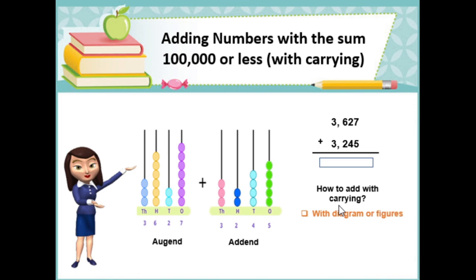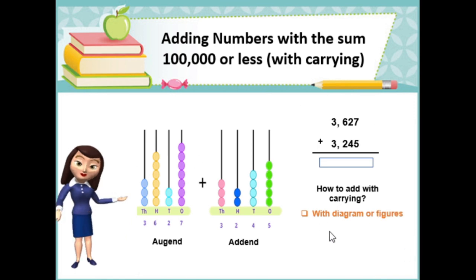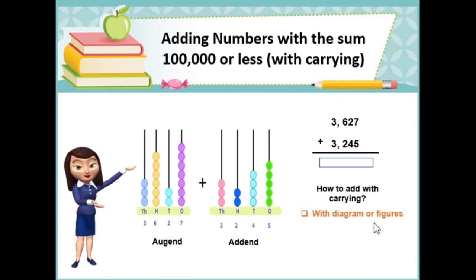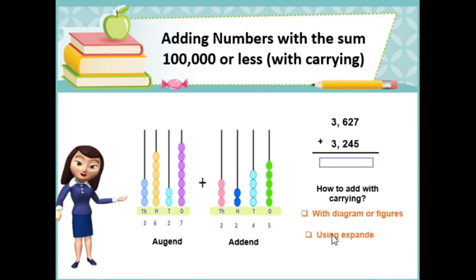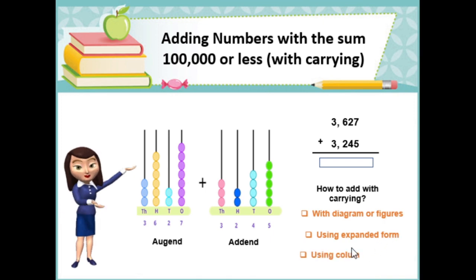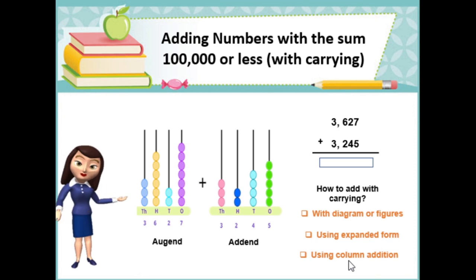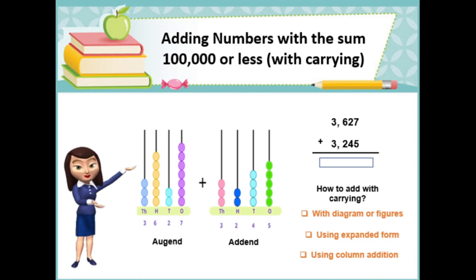We have 3 ways. First, you can add with diagram or figures. You can find the sum using expanded form, and you can also find the sum using column addition. For the next slide, we're going to use column addition. What's column addition?